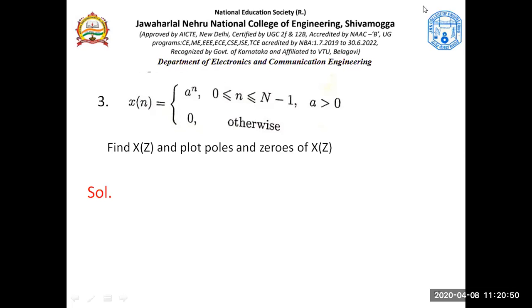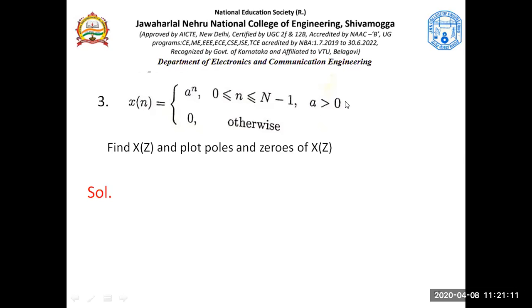Understand, where this a is greater than 0. This is another thing that you need to understand. If a is less than 0 what, if a is greater than 0 what, that is something one needs to understand. So everybody concentrate on this particular point. This is the highlight of the problem. It's a greater than 0.